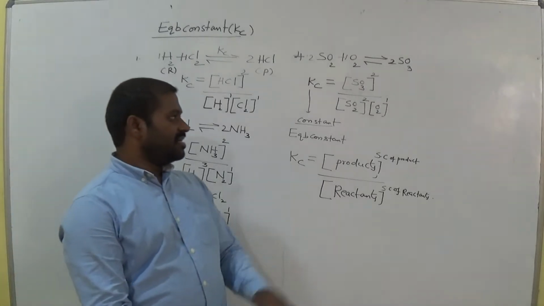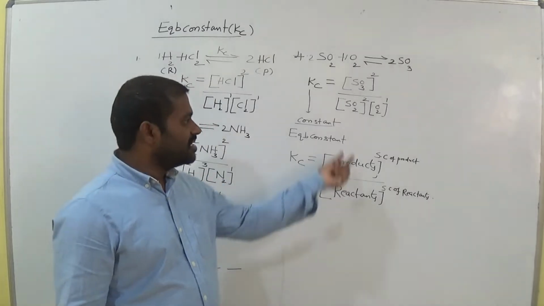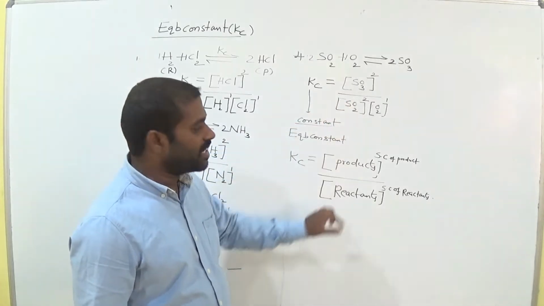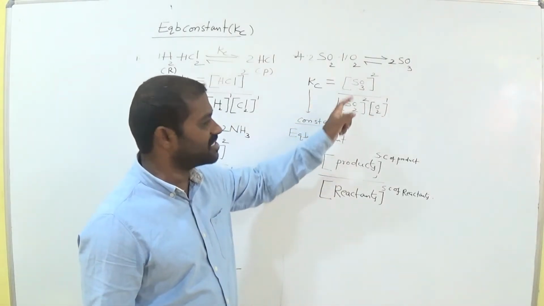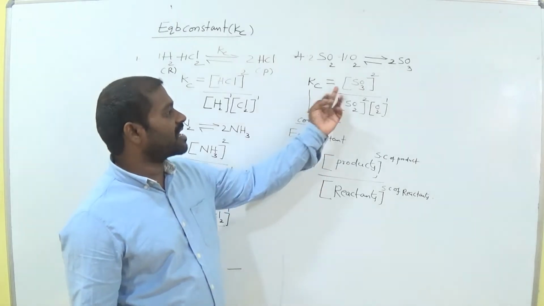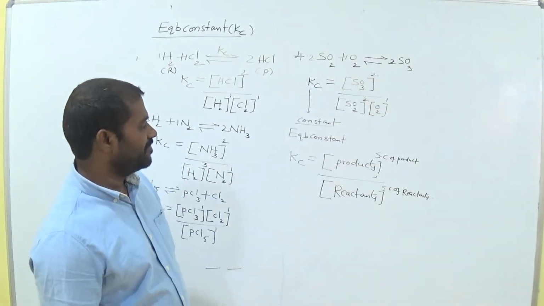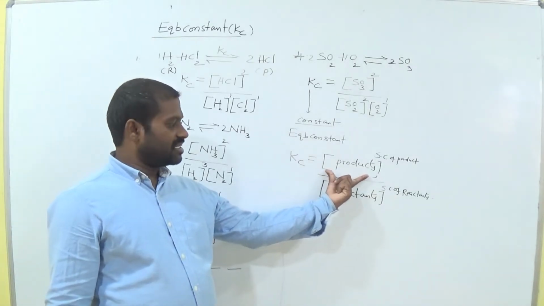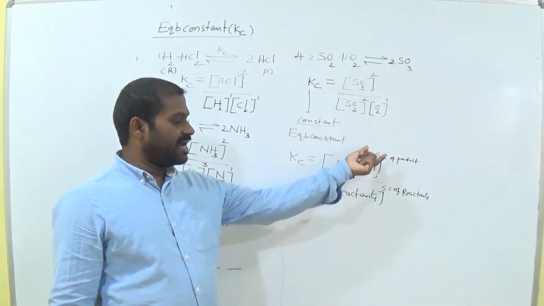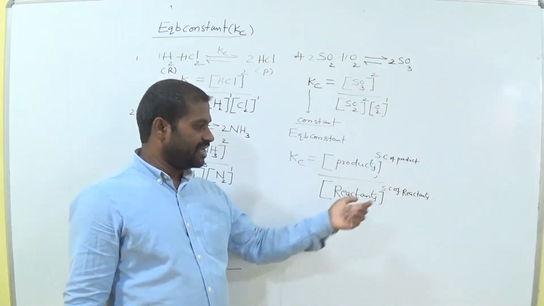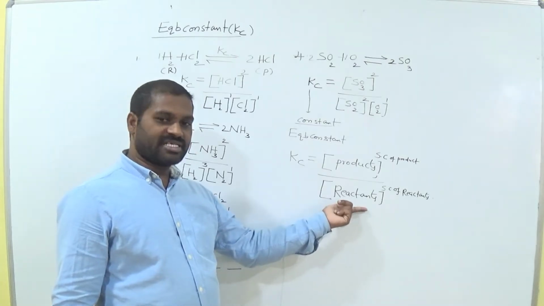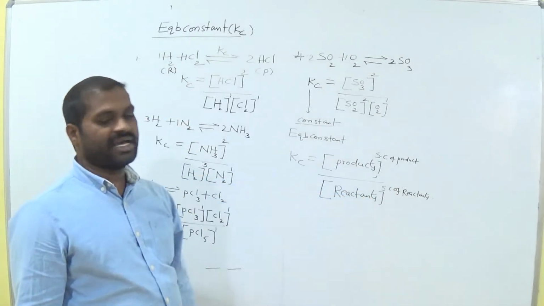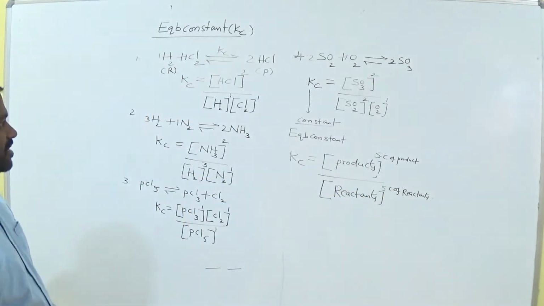Remember this, these terms are also called active mass, as we already discussed. Active mass of SO2, active mass of O2, active mass of SO3, and also we called it molar concentration of SO3. Okay. So write down.